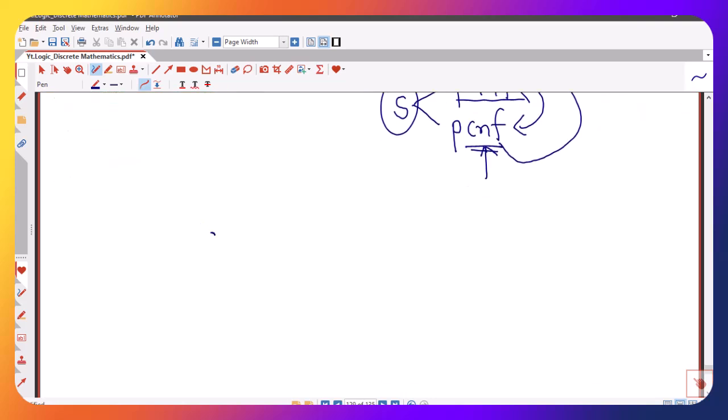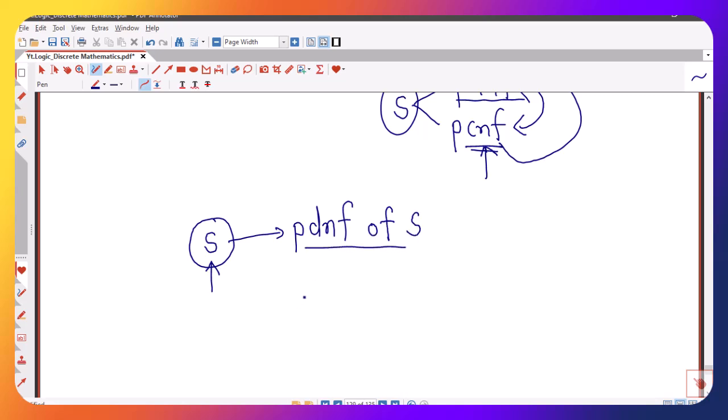Now suppose I want to obtain the principal disjunctive normal form as well as the principal conjunctive normal form of some statement formula which we denote by S. Then first we can obtain either the principal disjunctive or the principal conjunctive normal form of the given formula S, and using that form we can write down the other form.